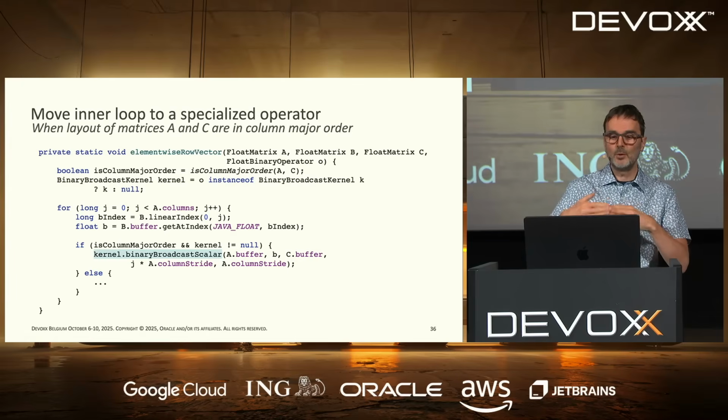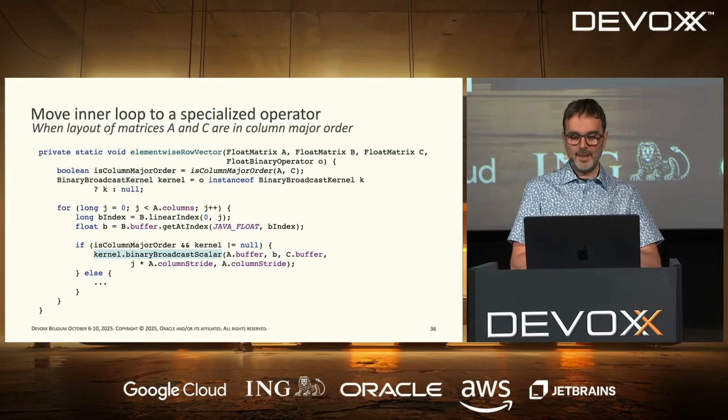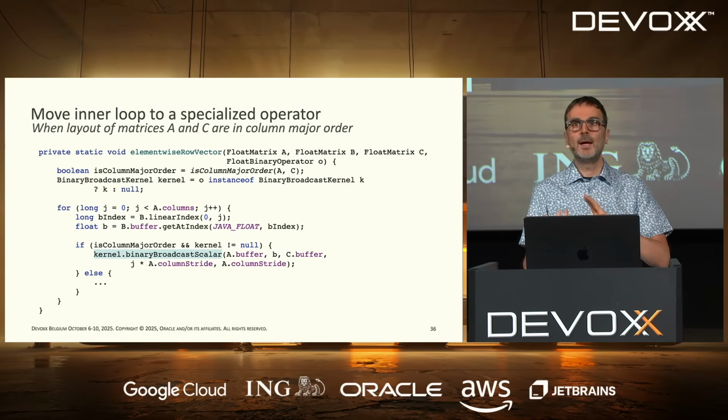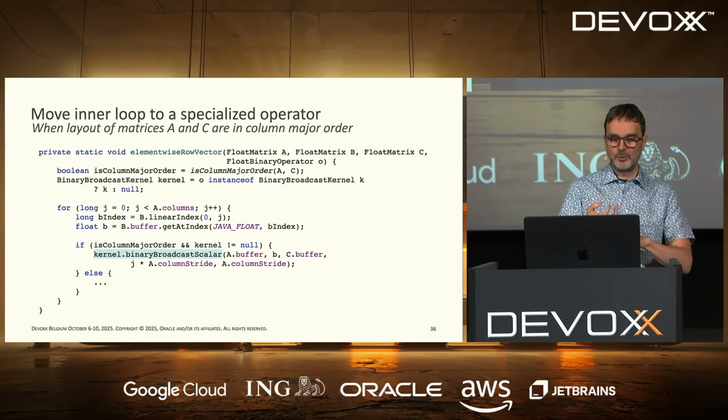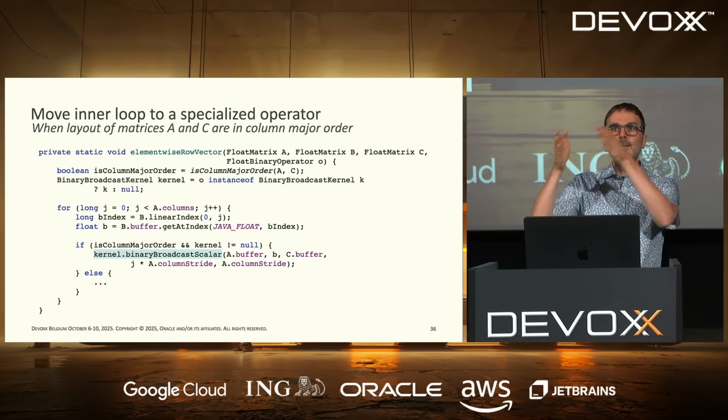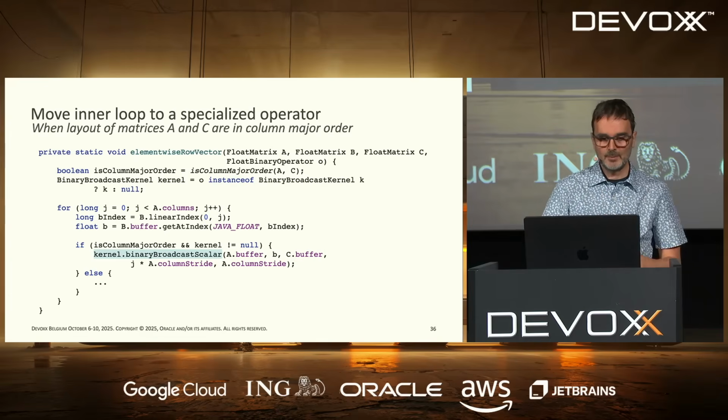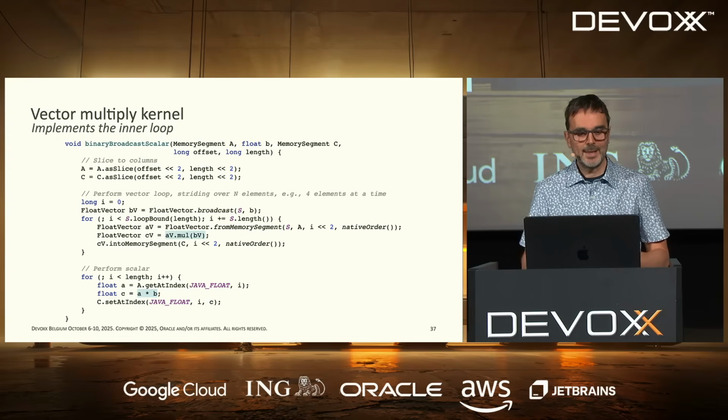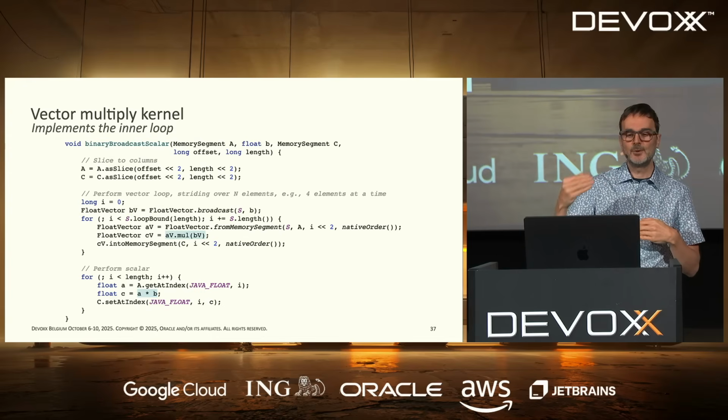I can call it with the buffer of A, the buffer of C, the value of B I loaded, and crucially, I can give it the offsets to the columns in memory, because I know what they are at this point. And so I can implement a specialized version of my loop.